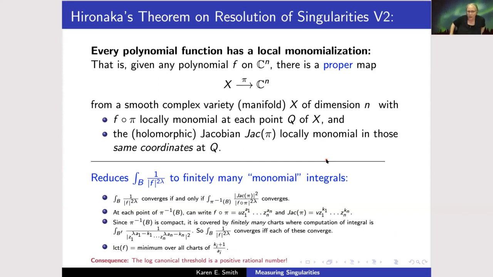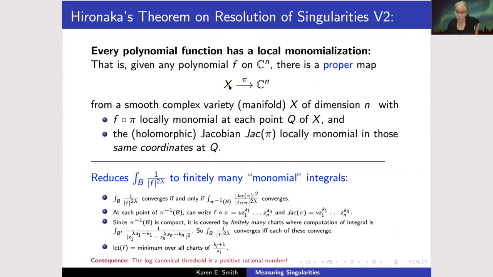Every polynomial function over the complex numbers in n variables has a local monomialization. If I have a polynomial function on Cn, I can always find a change of coordinates. This is not just a linear change of coordinates. This is some other complex manifold here.